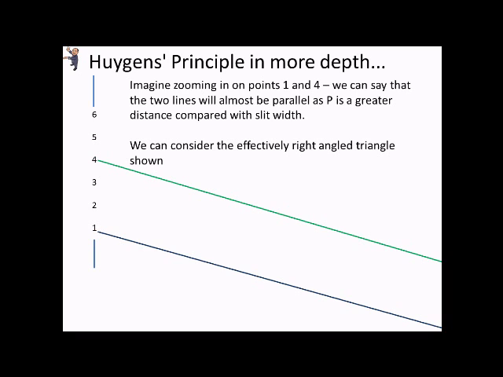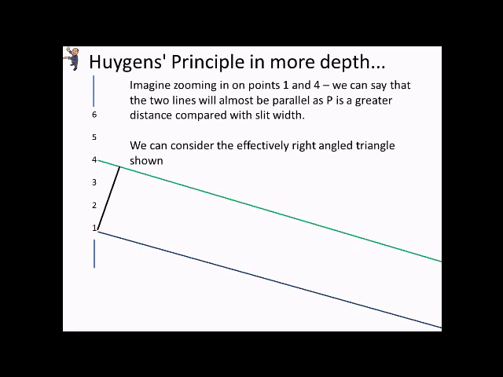So if we zoom in a little and we imagine points of light coming from 1 and 4, these are the two, remember, that are going to cancel out and destructively interfere. If we look at the waves of light, they actually travel almost parallel to each other because the distance they're travelling is much greater than the slit width, so the slit that they've just travelled through.